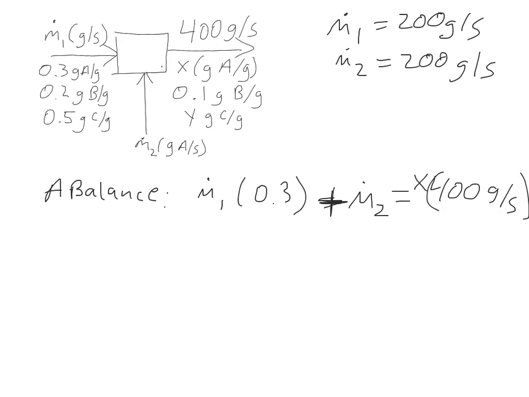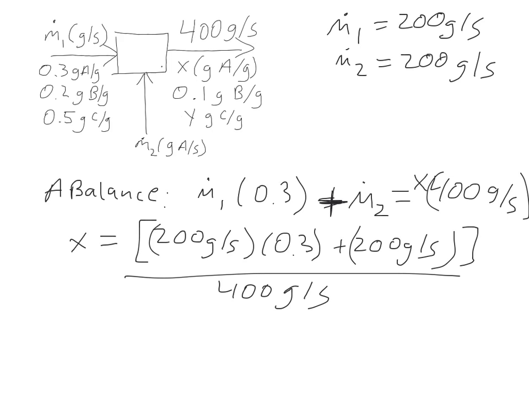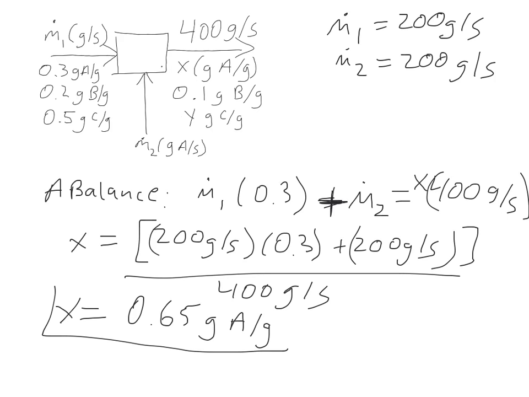And I can go ahead and solve for that. X is equal to 200 grams per second times 0.3 plus 200 grams per second, and this is all divided by 400 grams per second. And x is 0.65 grams of A per gram. And that's one of the ones I'm looking for. Make sure I circle that.